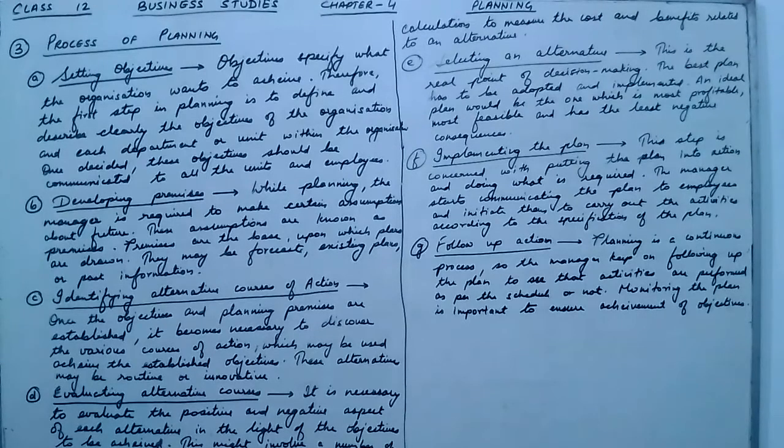Now the second process of planning is developing premises. Planning is concerned with future, which is uncertain, and every planner is using conjecture about what might happen in future.